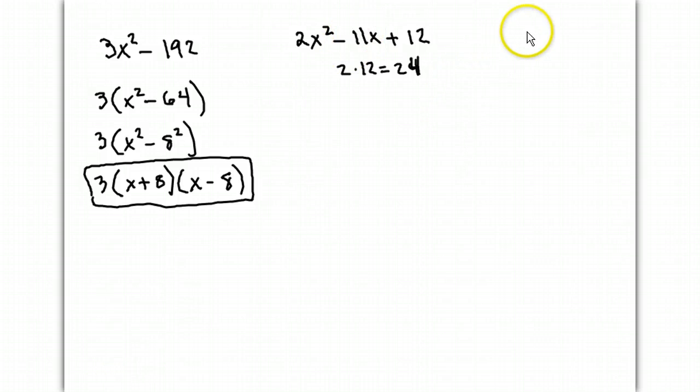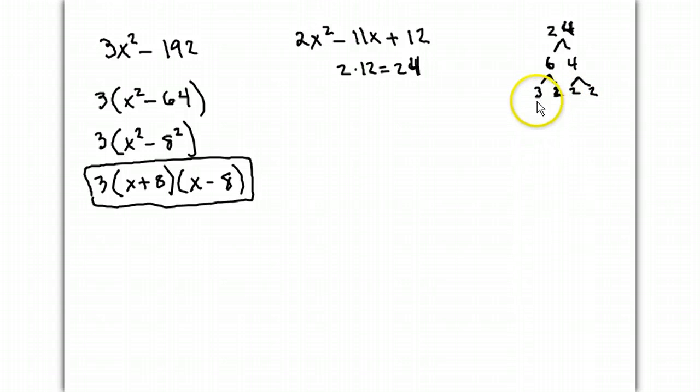If it's difficult to find those two numbers, you do a tree with 24. The ways you can get 24 are 6 times 4. You can break up 6 with 3 times 2, and you can break up 4 with 2 times 2. So 24 is really 3 times 2 times 2 times 2.